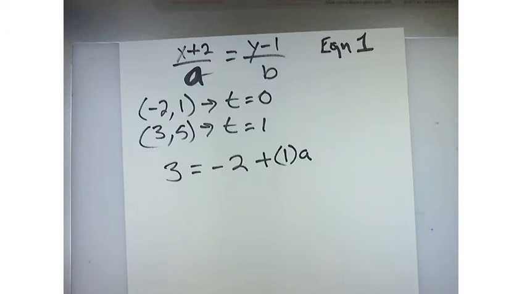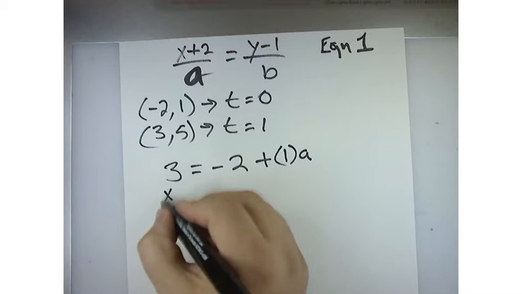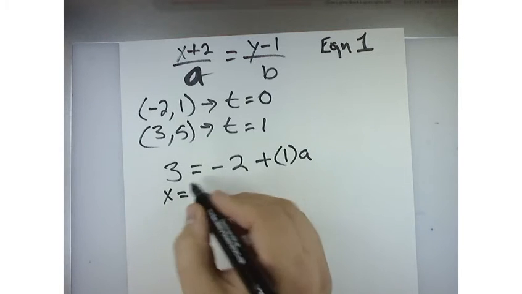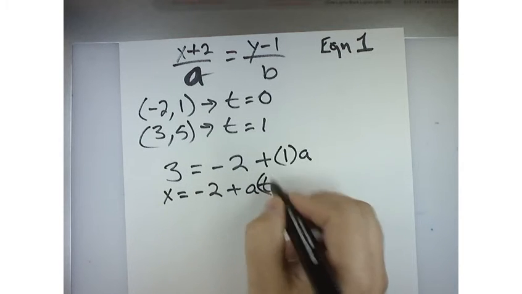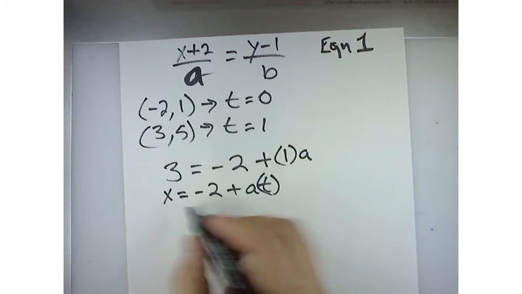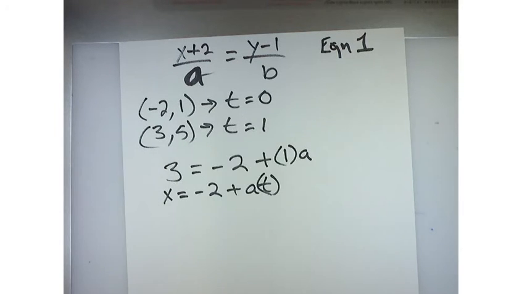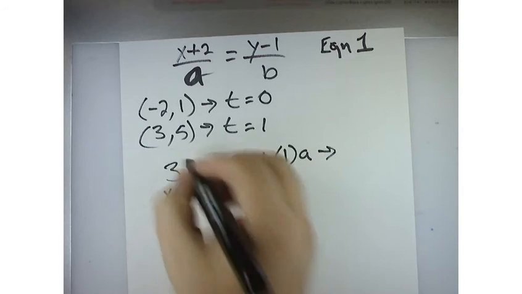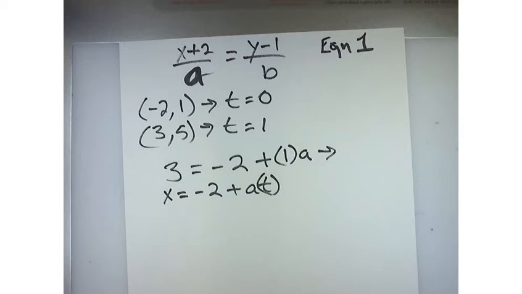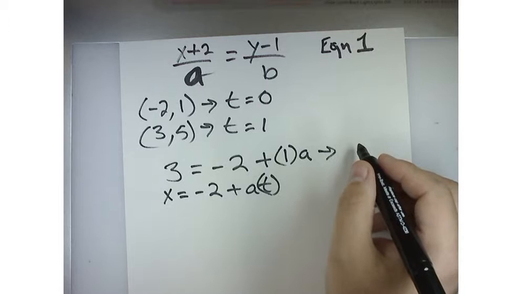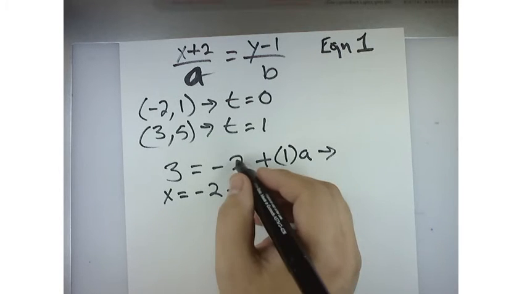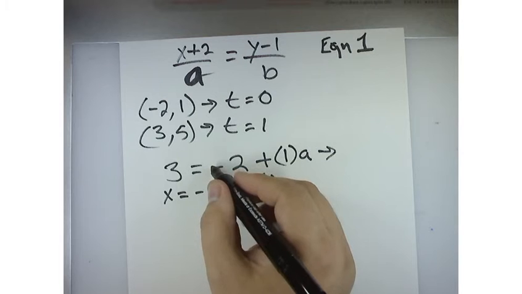And that comes from our previous equation, x equals -2 plus a times t. So if I evaluate this, this is my x equation, and I already know what my y value will be. What will my y value be when x equals 3? 5, right? So y equals 5. But guess what? If I subtract 2 from both sides, what does a equal?